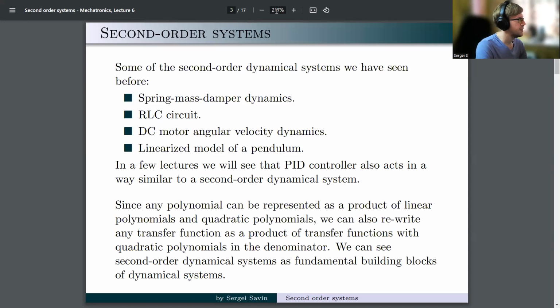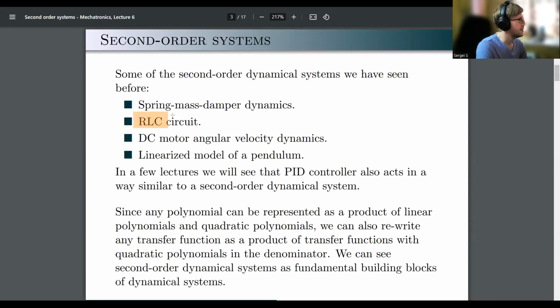So we already saw RL, RC, and RLC circuits, which are first and second order systems, right? DC motor, we already saw that it is a second order system in terms of angular velocity.